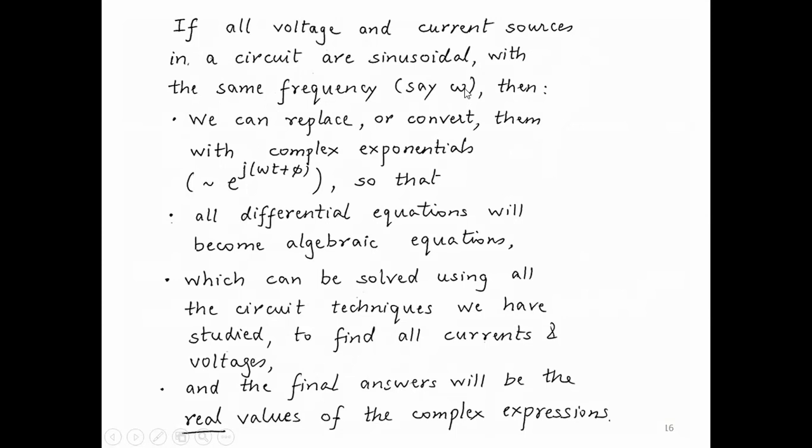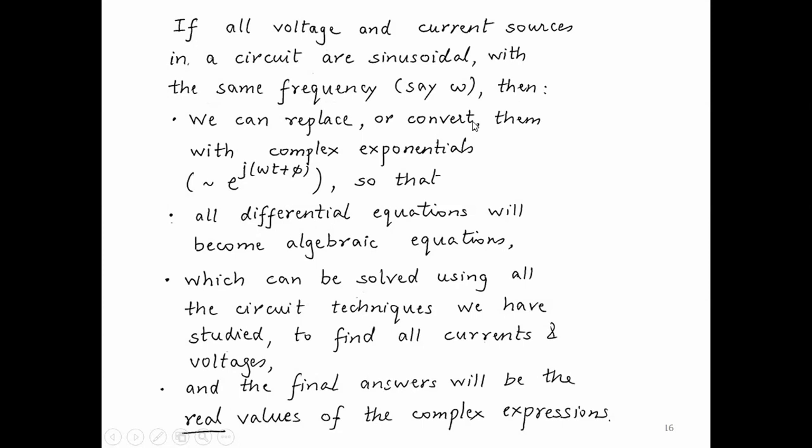If that is the case, then we can replace or convert, whichever word you want to use, these sources to complex exponentials. If we do, then all the differential equations will become algebraic equations, and these algebraic equations can be solved using all the circuit techniques we have studied.